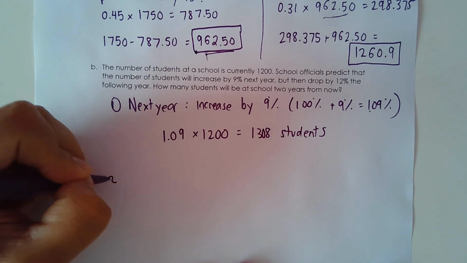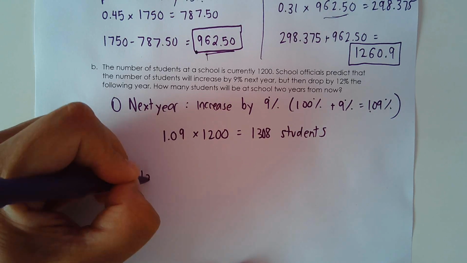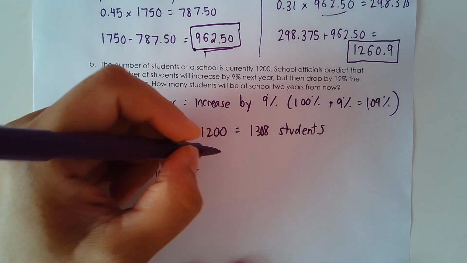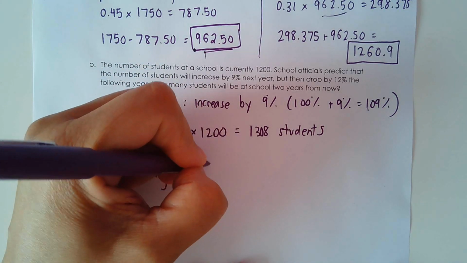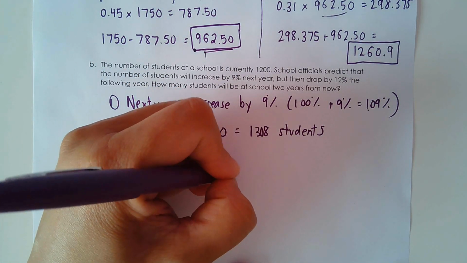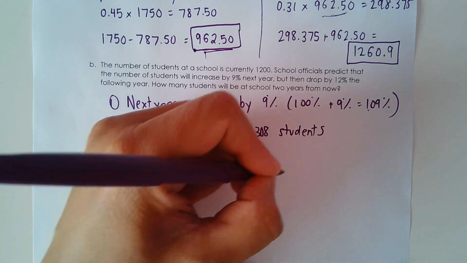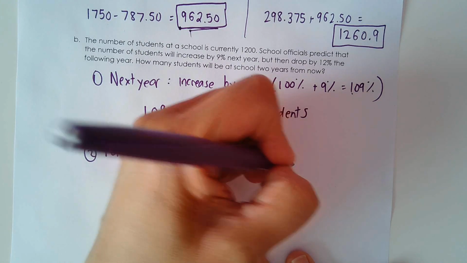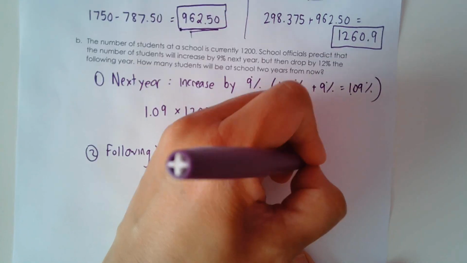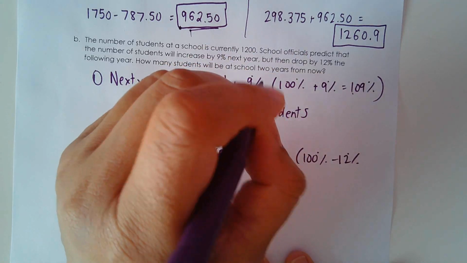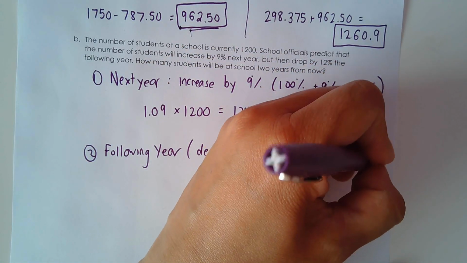Okay, and then the following year, we have a decrease by 12%. So we're going to take 100% and we're going to take away 12%, which gives us 88%.